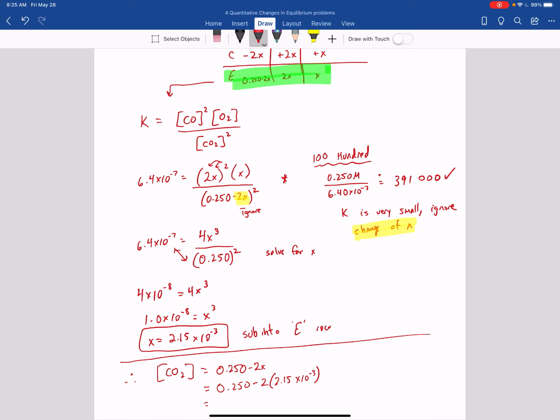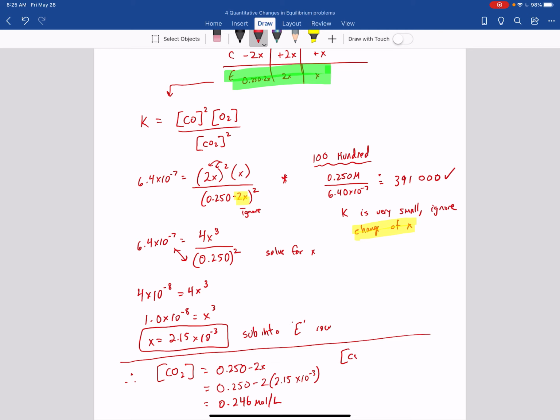There's that value there. So we've got our answer times 2 and 0.25, take away that answer. And you can see that this is 0.246, which is very close to what it was. And if we were rounding to two significant digits, we'd have the same answer.